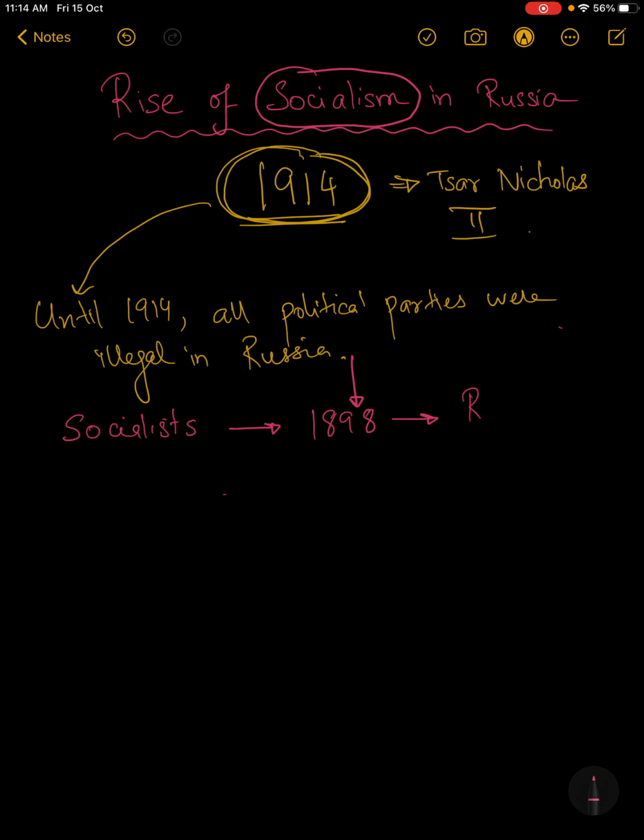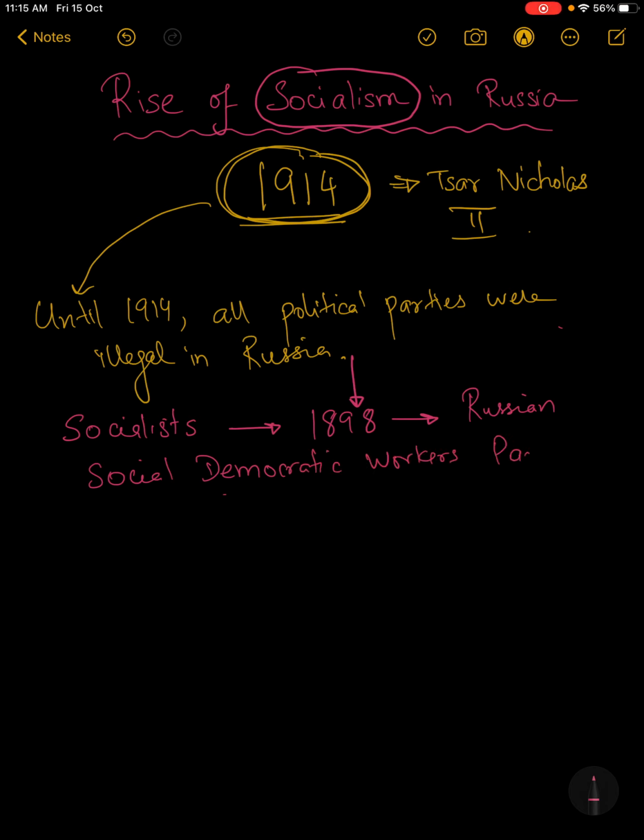It was called the Russian Social Democratic Workers' Party, RSDWP. Since the word social is coming into the picture, you obviously understand that it is a socialist party.